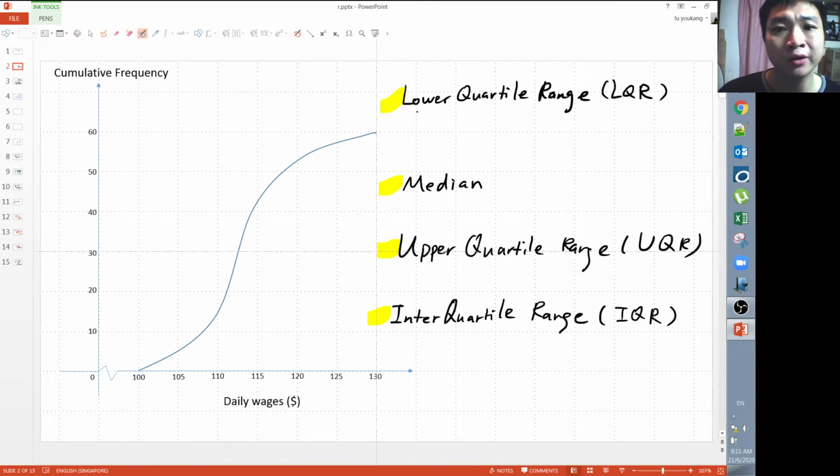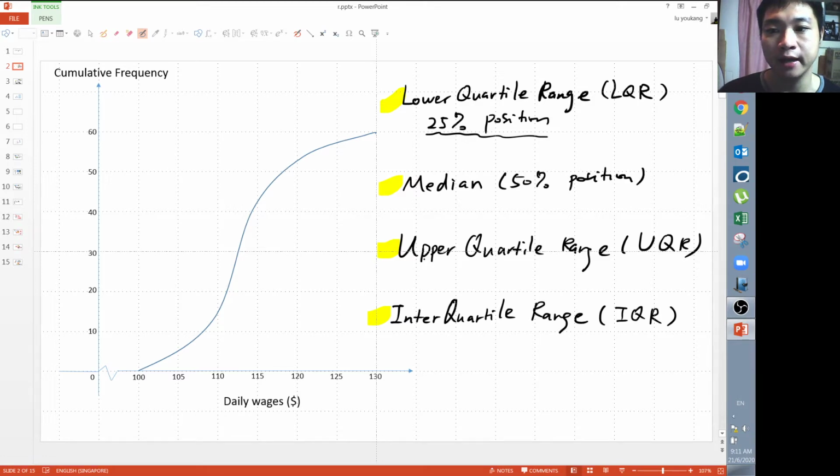To find the lower quartile range, that is our 25% precision. Please remember it. The median is the middle number, or the middle range, so that is our 50% precision, and your upper quartile range is your 75% precision.